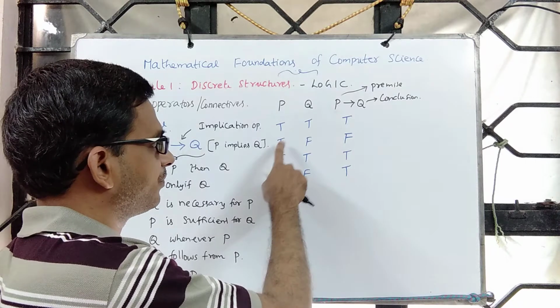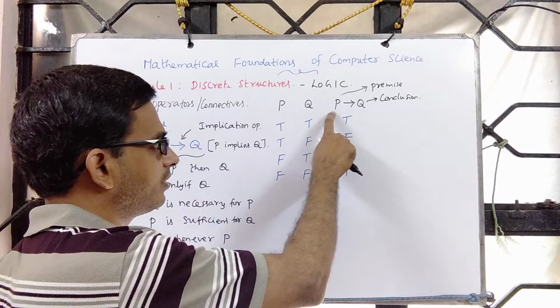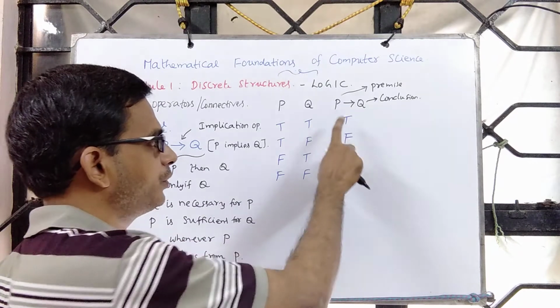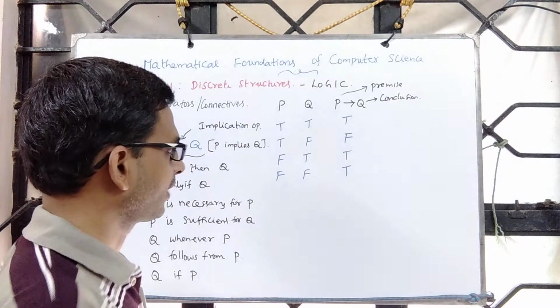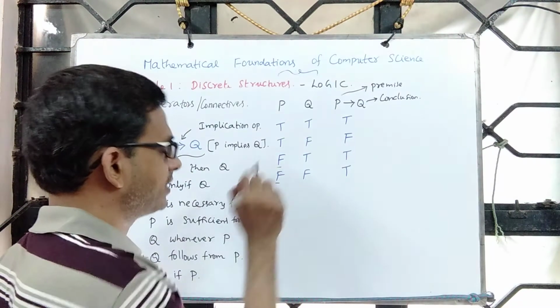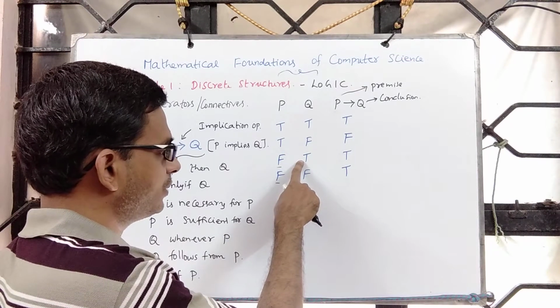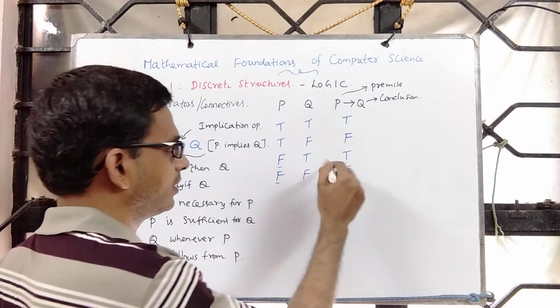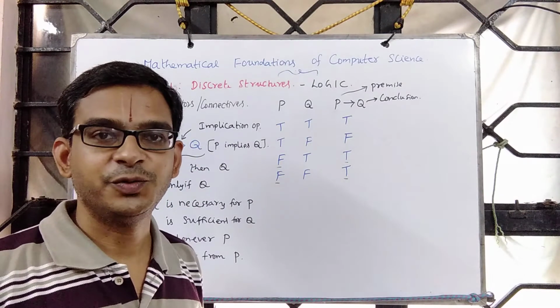Premise is true and conclusion is false, then the truth value of the statement P implies Q, or if P then Q, is false. Interestingly, when premise is false, independent of whether Q is true or false, the truth value of the expression P implies Q is true.